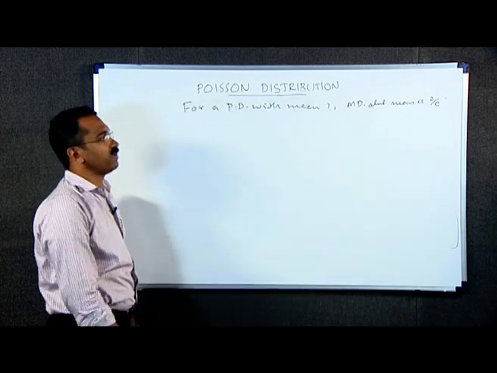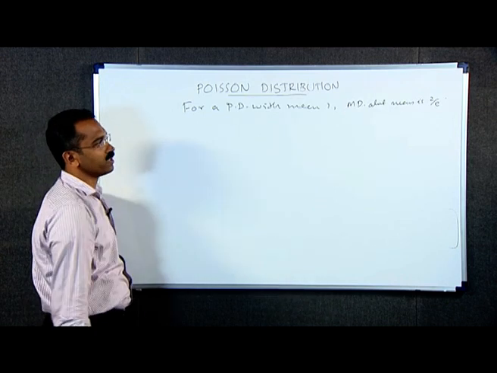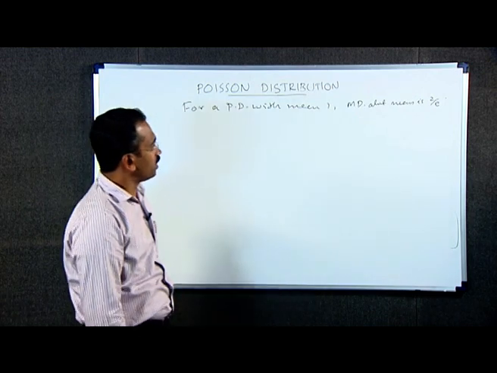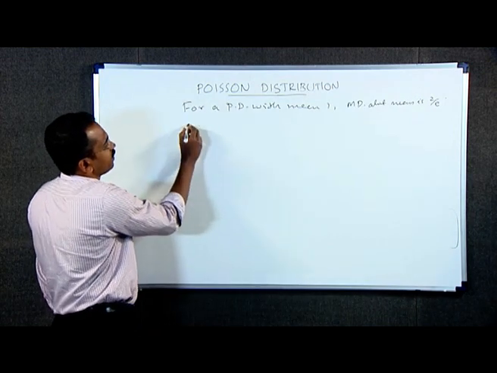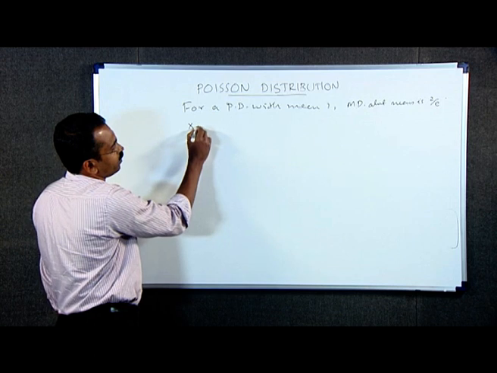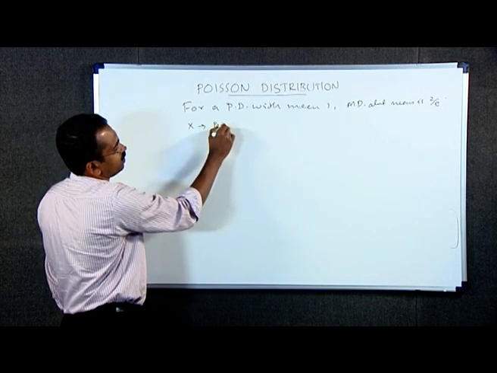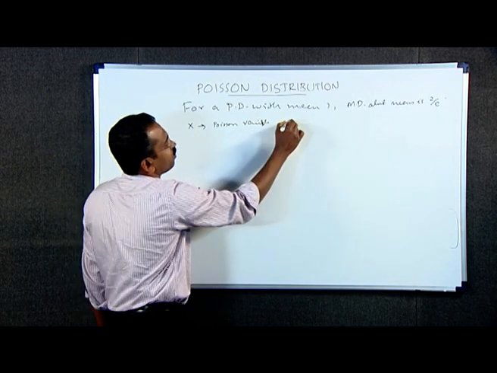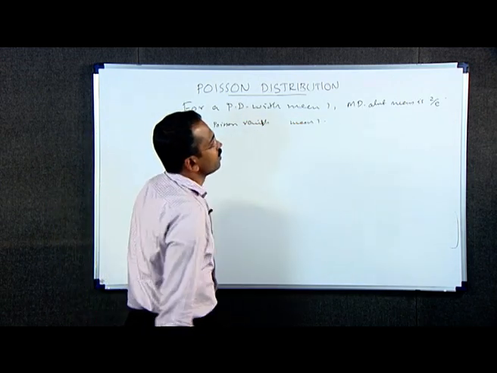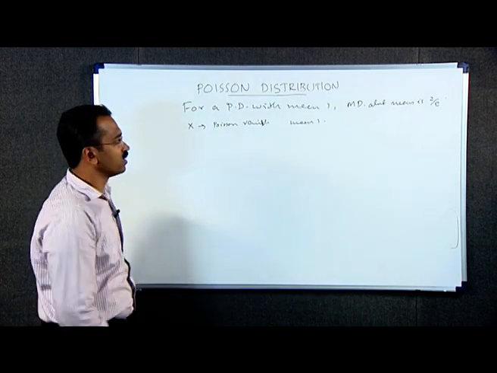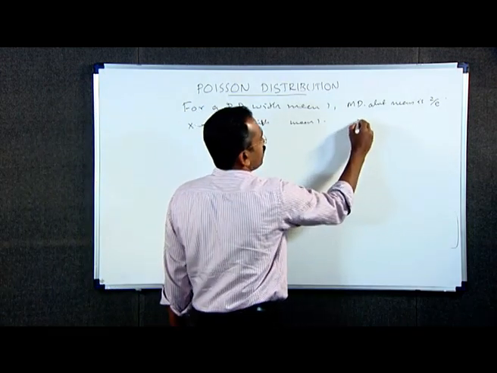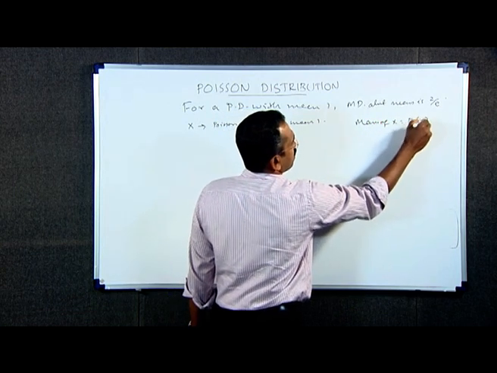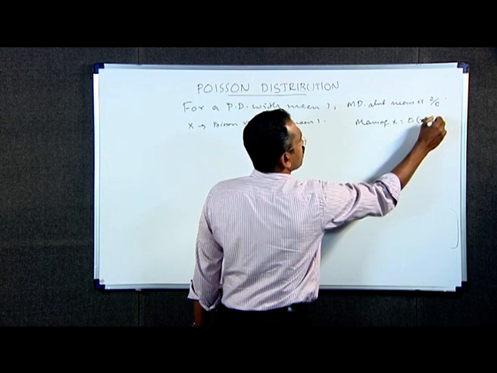Consider a random variable x having Poisson distribution with the mean 1. That is, x is a Poisson variable with the mean 1. We know that for a Poisson distribution, the mean is expectation of x, which is the parameter lambda.